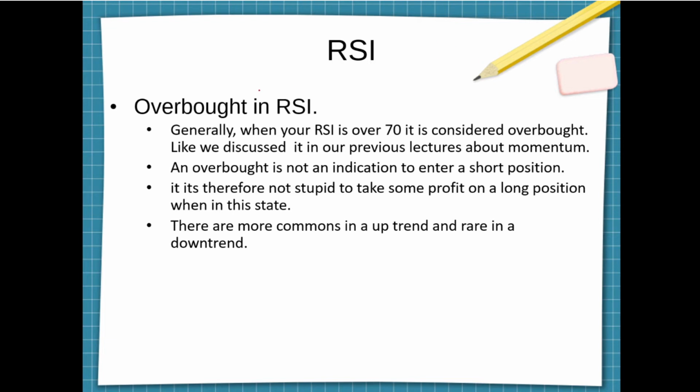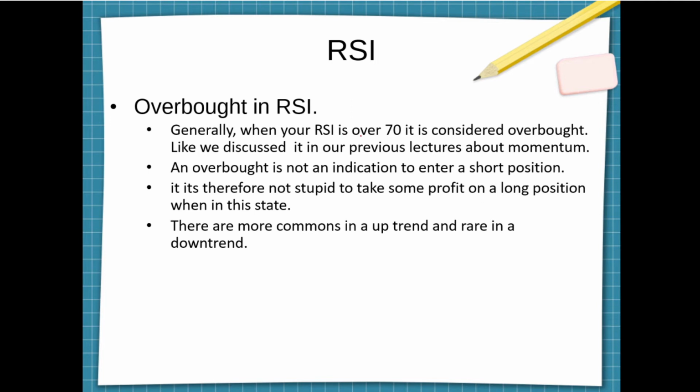Now, first situation, overbought. This is probably one thing that you will hear from every single trader, but some of the information I'm gonna give you here will blow your mind, since this may be the first time you're hearing it.